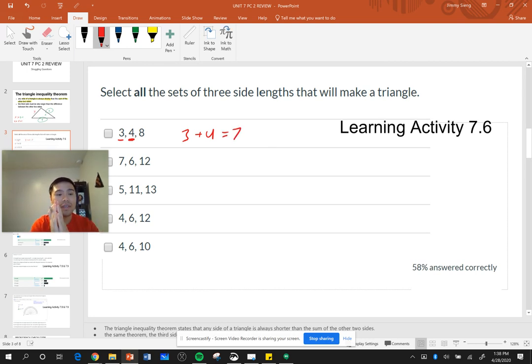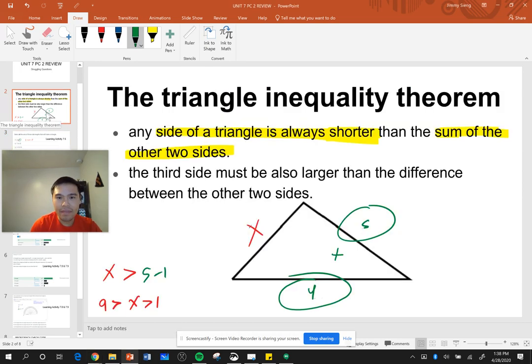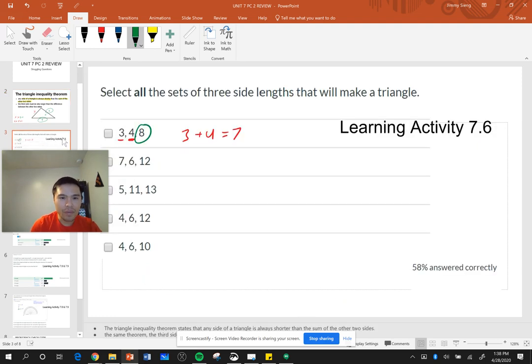So those added together give you 7, and we can see that 8 is the third side. So the question is, is 8 shorter than the sum of those two sides? Basically, is 8 smaller than 7? That answer is no. So therefore, that will not work, and that will not be a triangle.